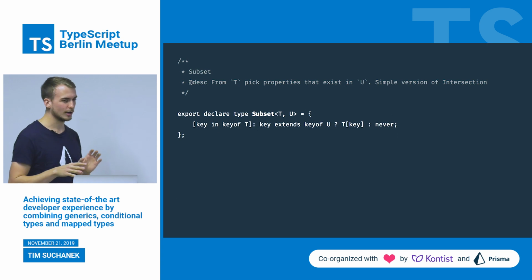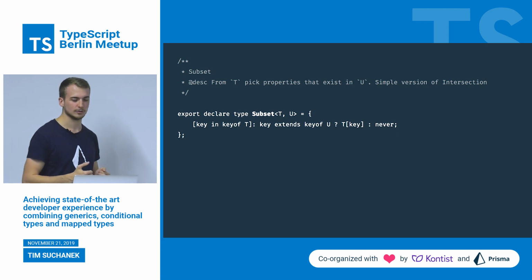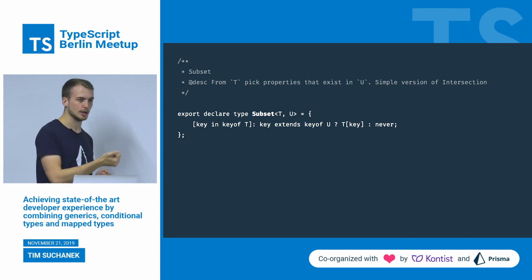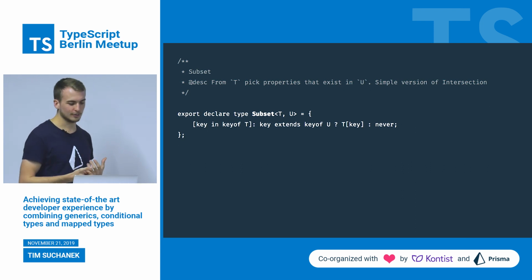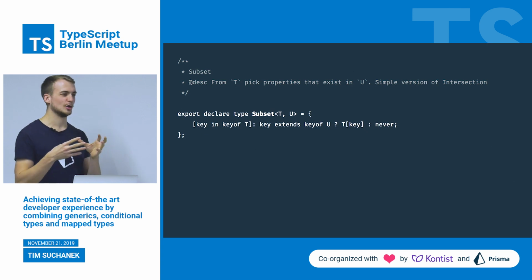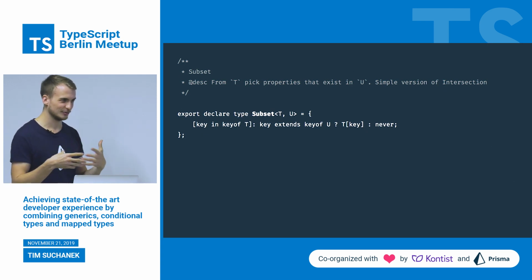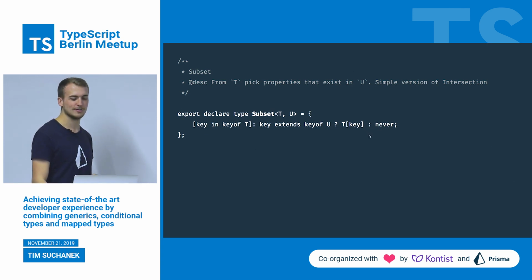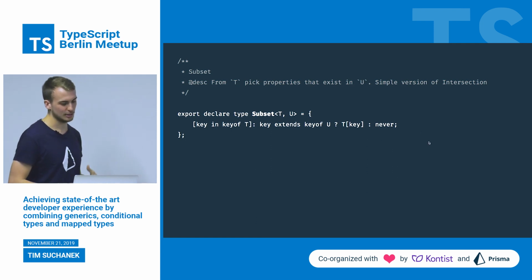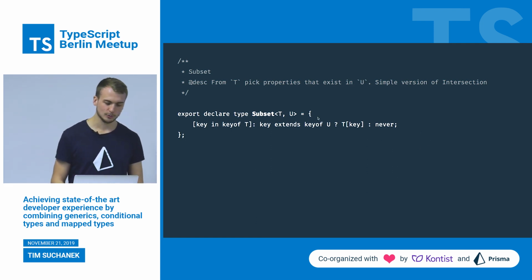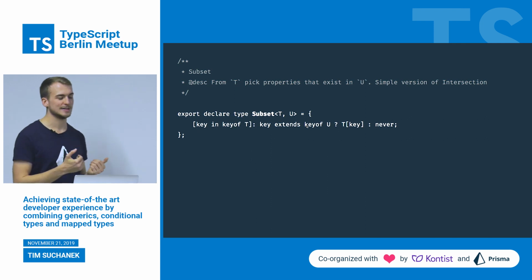And if we would now write similar code like this in JavaScript, this would mean we're basically performing a .filter operation. And the equivalent of returning false in the filter callback is us having the never in here. So like this, we can now filter out the subset of a type.